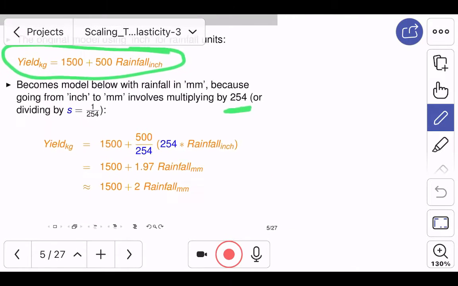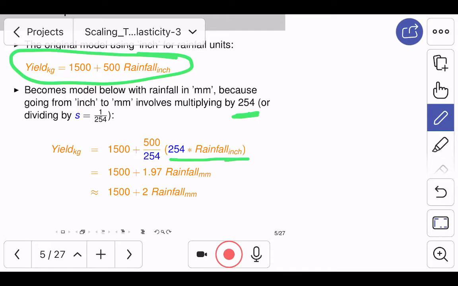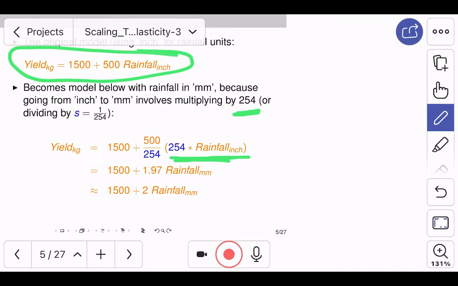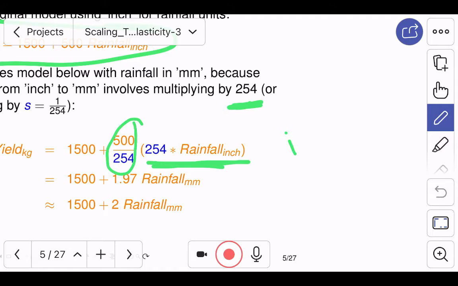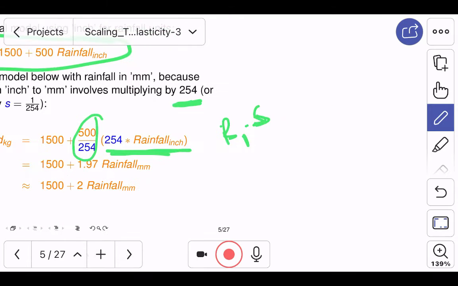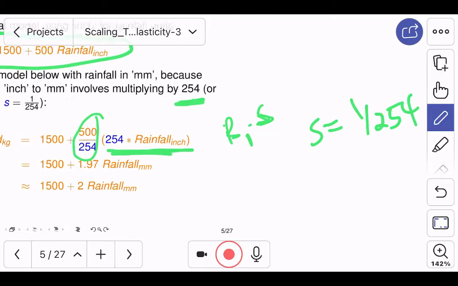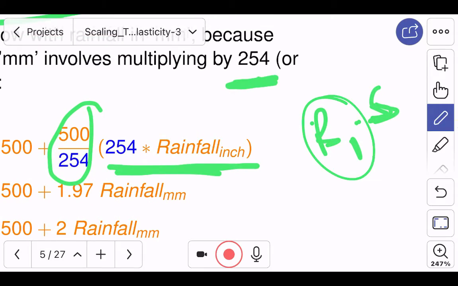So I am going from my old variable in inches to my new one by multiplying by 254, so the s is 1 over 254. But then my slope term has to be, as we said before, the old one times s, except that s here is 1 over 254. So that coefficient is going to become smaller.